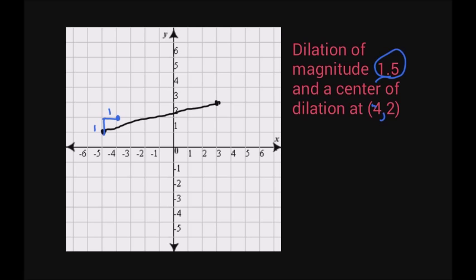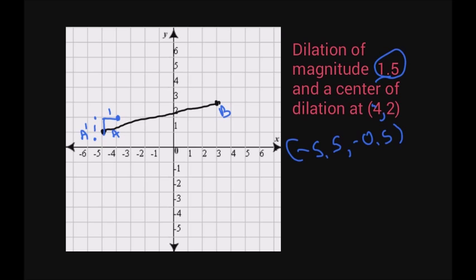I'm going to go 1.5 to the left, 1.5 down, and there's my new point, which is at negative 5.5, negative 1/2. Let's put some letters on that. Let's say that's A and A prime, and this is going to be B and then B prime.